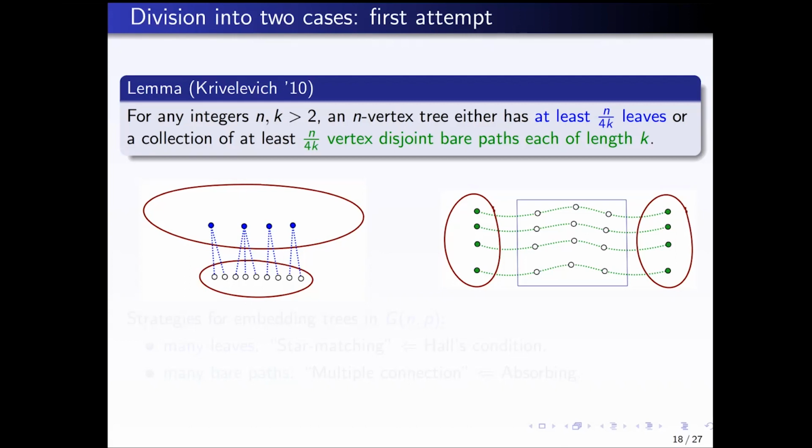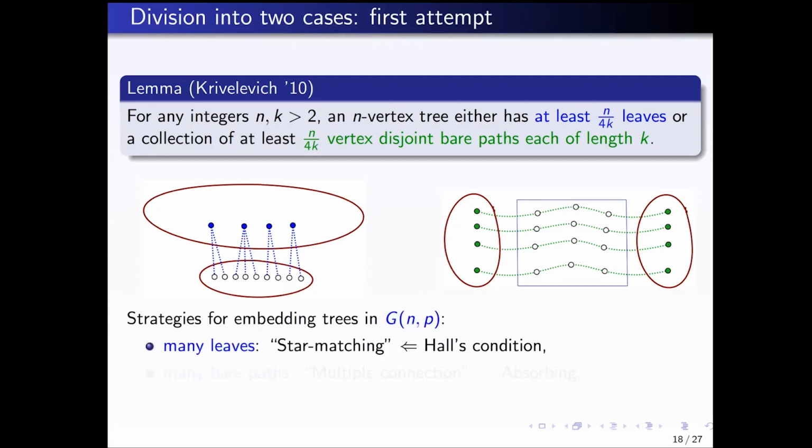For example, Montgomery's result used this dichotomy and splits into 2 groups. The first one, on the left-hand side, is the many-leaf case. And he could just apply the result of Alon, Krivelevich and Sudakov, which embeds an almost spanning tree in G(n,p), with p like log n over n. Then you have a small leftover.